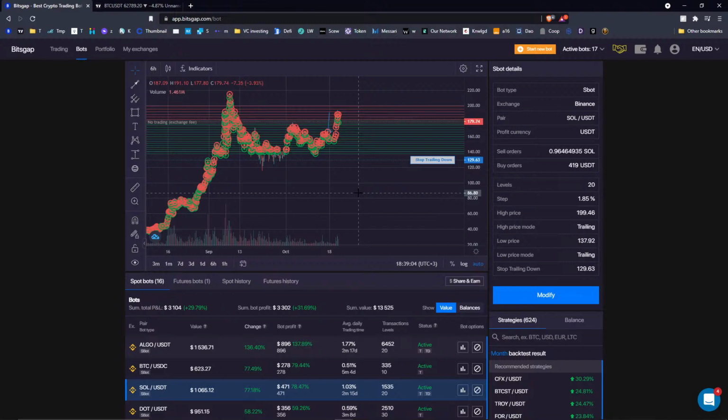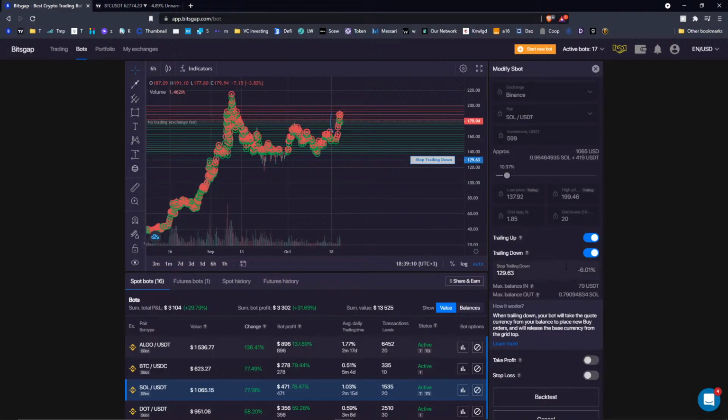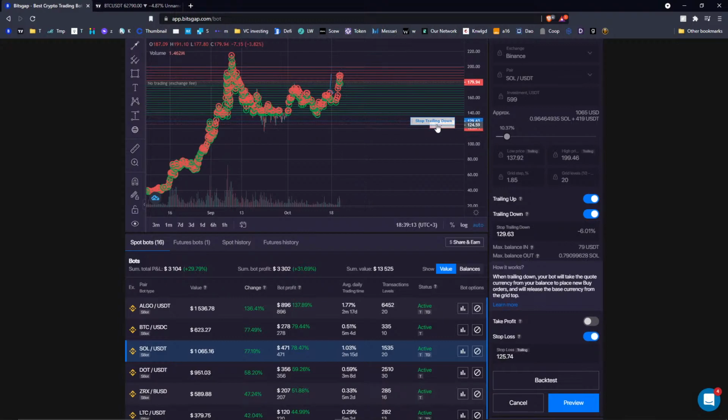But the wise thing for you to do is to use stop trading down plus the stop loss. And the stop loss to be, in that case, over here, lower, below the stop trading down.